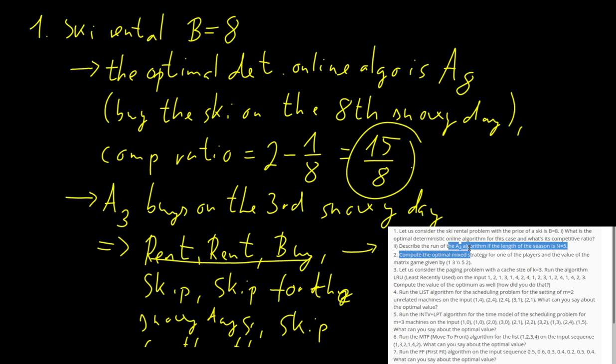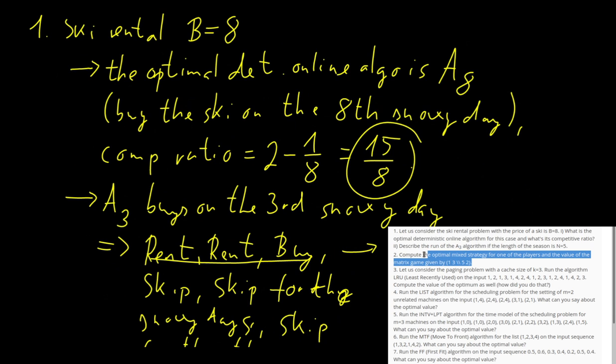And for these algorithms, A indexed by this number, in this case 3, you should know that it means this algorithm will buy the ski on the third snowy day and just rent the skis on the previous days, and that's all.